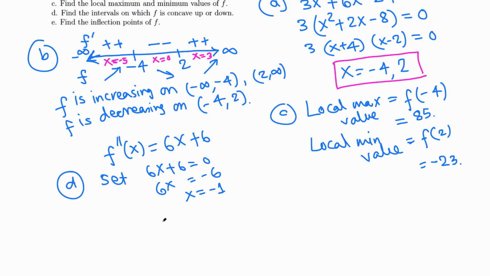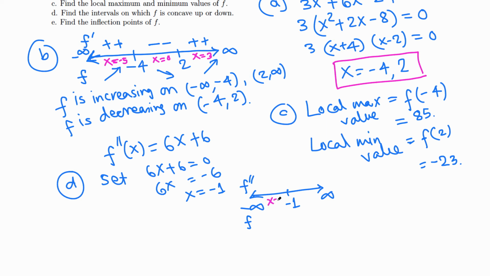Okay, now let's do the sign chart. Again, the domain is all the real numbers. Now we got negative 1 here. This time we want to check the sign of the second derivative and conclude about the function. We take a representative on each side.